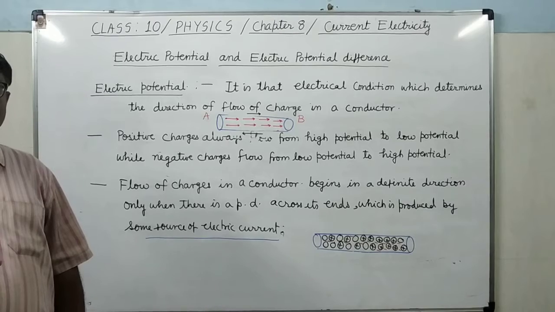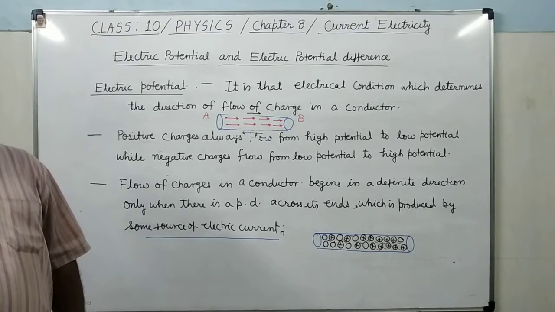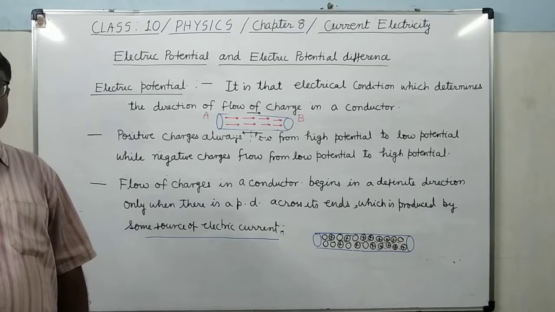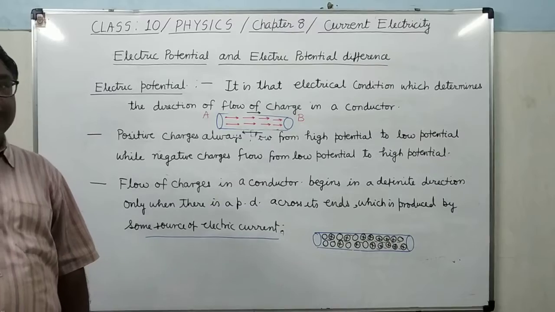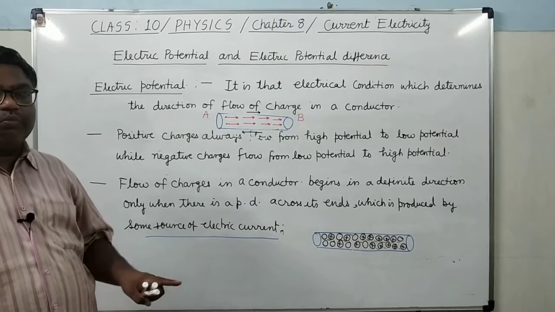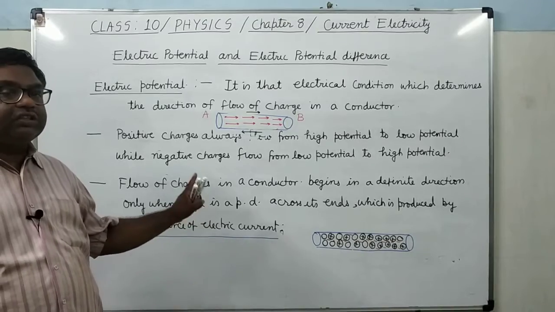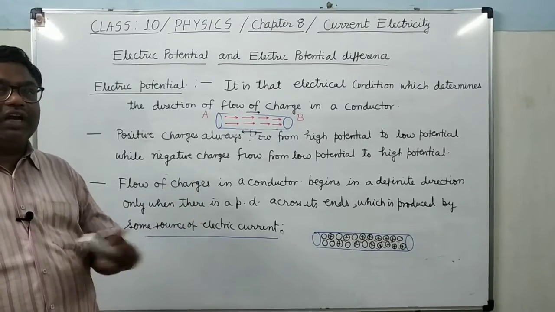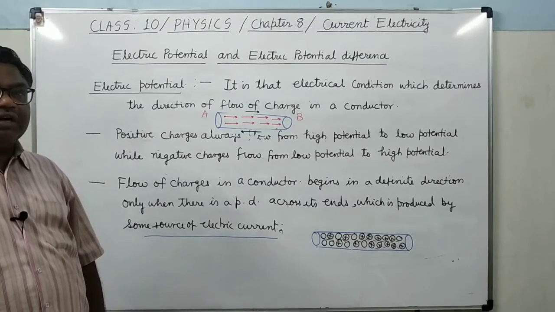It is the free electrons which produce the electric current when they flow in a definite direction, and in order to make their flow possible, a source is required which creates the electric potential difference between the two ends of the conductor.